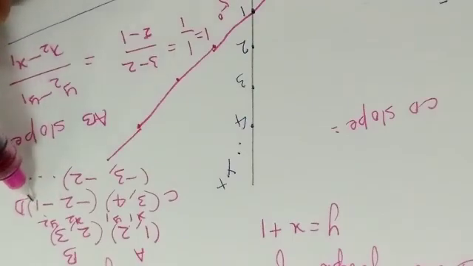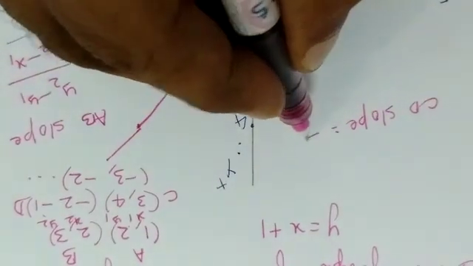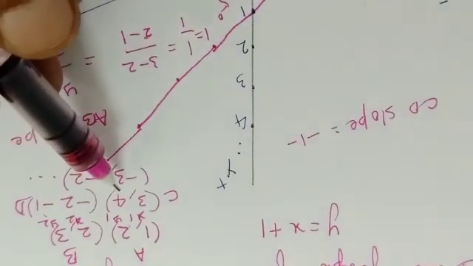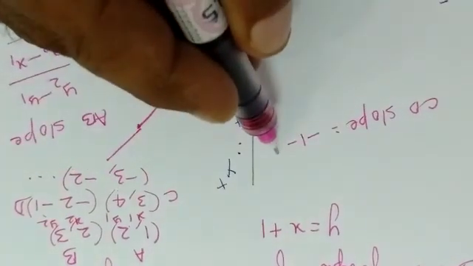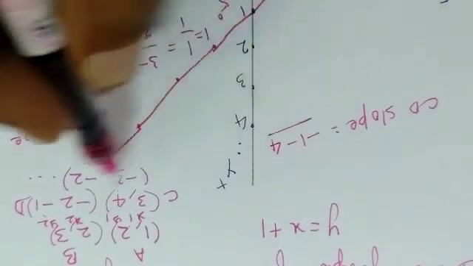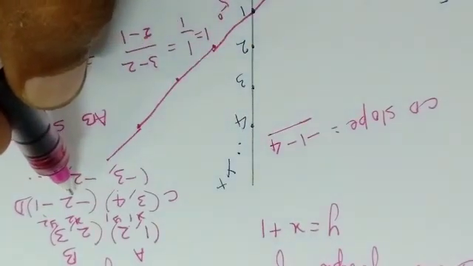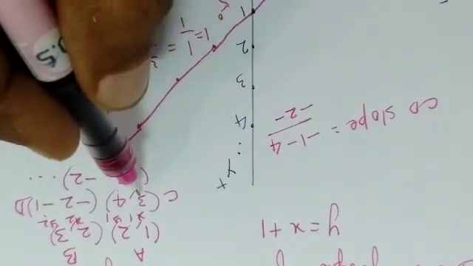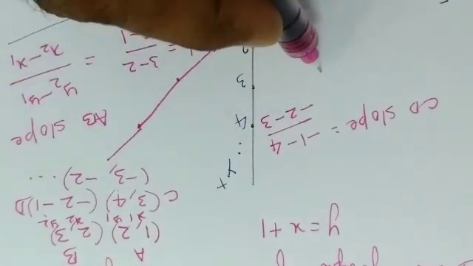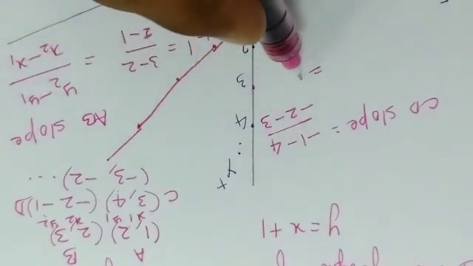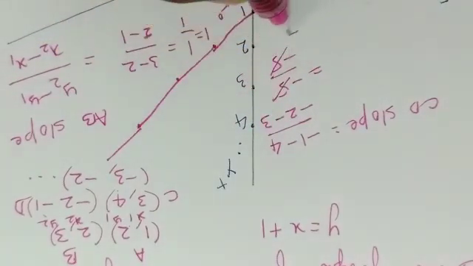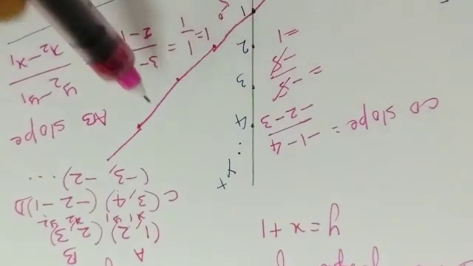So y2 is minus 1, minus y1. What is y1? 4. By x2. What is x2? Minus 2. Minus x1, 3. Minus 1 minus 4, minus 5, by minus 5. Both get cancelled. That is 1. The CD slope is also 1.